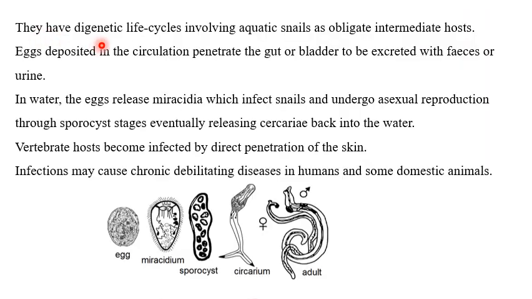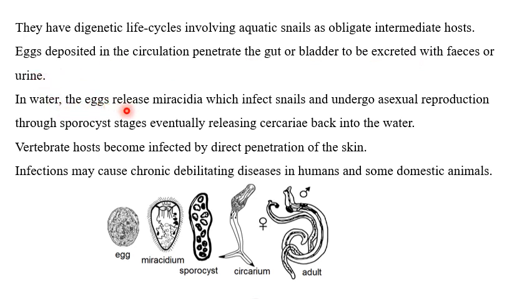They have digenetic life cycles involving aquatic snails as obligate intermediate hosts. Eggs deposited in the circulation penetrate the gut or bladder to be excreted with feces or urine.